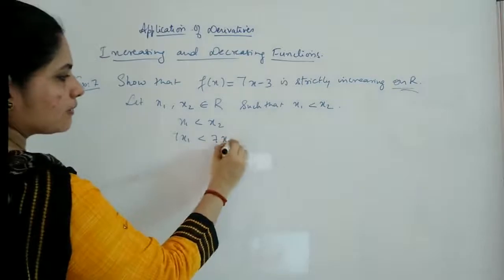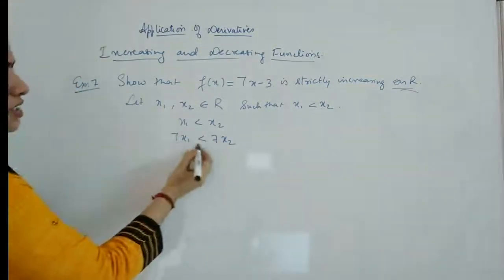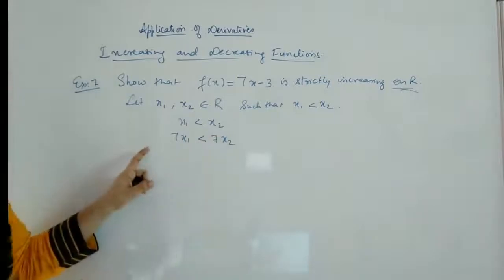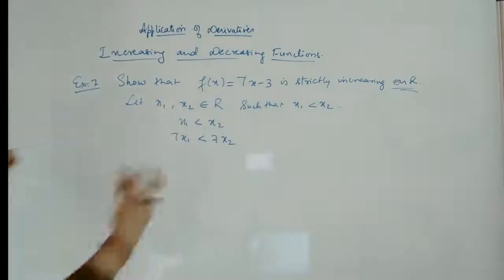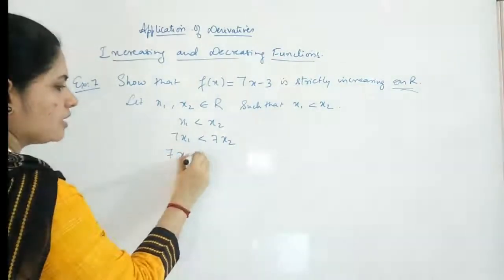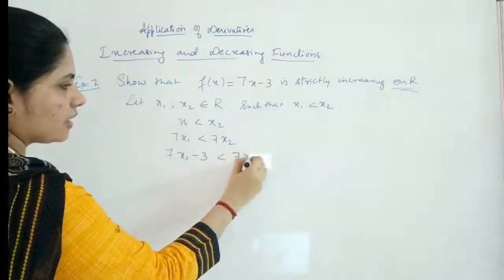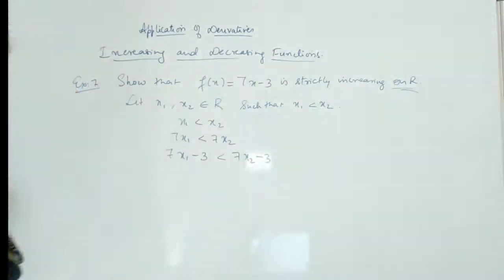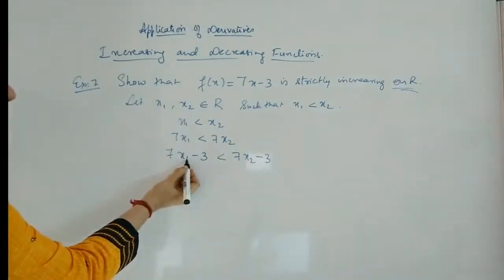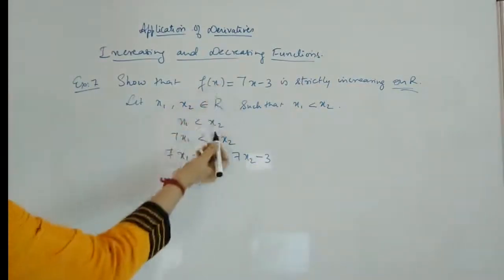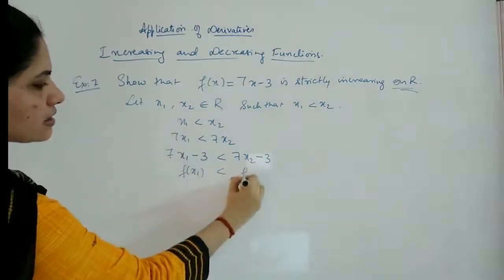You are just multiplying with a positive value, so the inequality is okay. 7x1 is less than 7x2. Now we are subtracting the same quantity from both sides. So 7x1 minus 3 is less than 7x2 minus 3. If you replace x with x1, the function will become f of x1. So this is your f of x1 and the other thing is your f of x2.